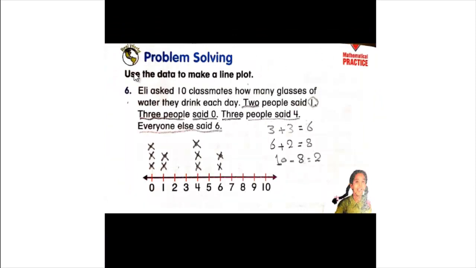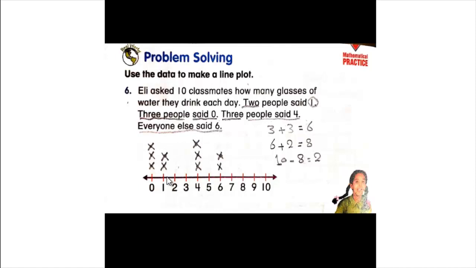Problem solving. Use the data to make a line plot. Example number 6. Ellie asked 10 classmates how many glasses of water they drank each day. 2 people said 1, 3 people said 0, 3 people said 4, everyone else said 6. Okay?